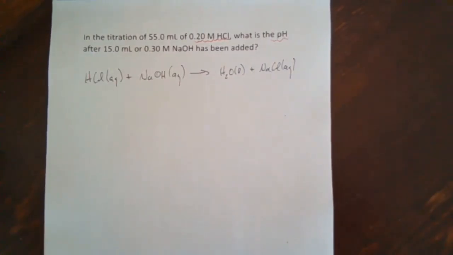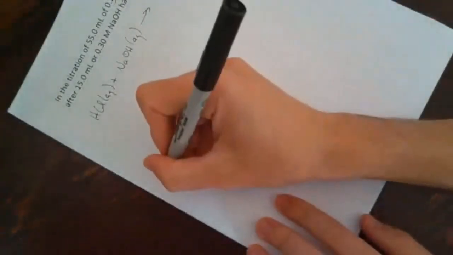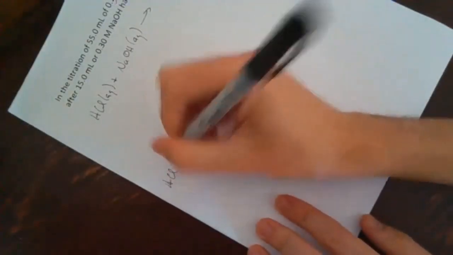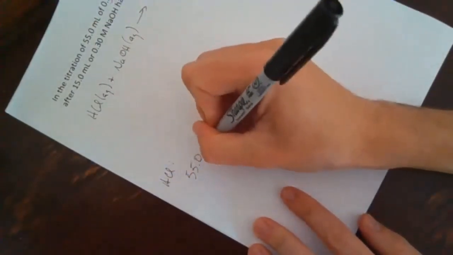So we don't actually want the molarities or the concentrations. We want the actual moles of each of our reactants that are present. So we'll go through that process. We start by getting moles of HCl. I have 55.0 milliliters.